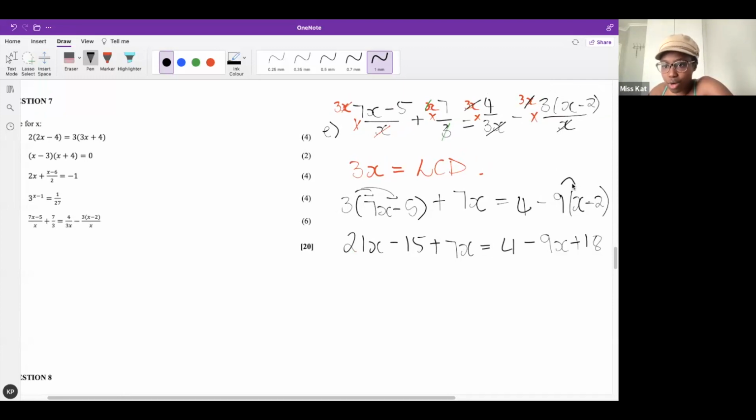If you're confused, all I did was distribute. Multiply this in. Okay, so this side we have 28x plus 9x, because I took the 9 over, equals 4 plus 18 is 22, plus 15, because I took the 15 over.